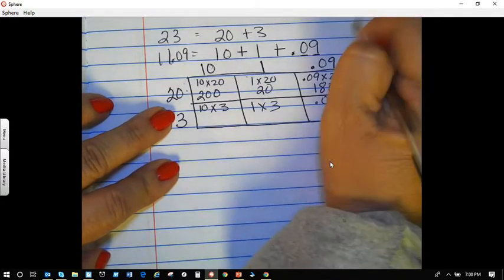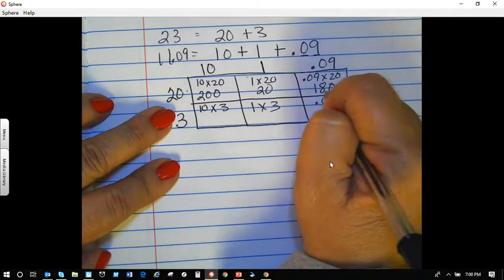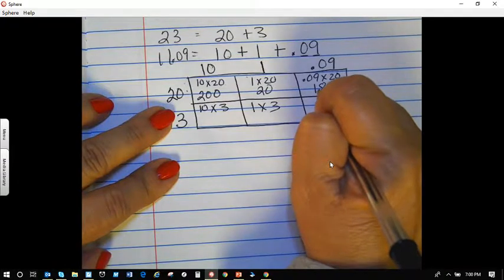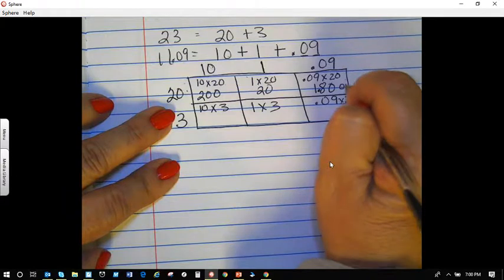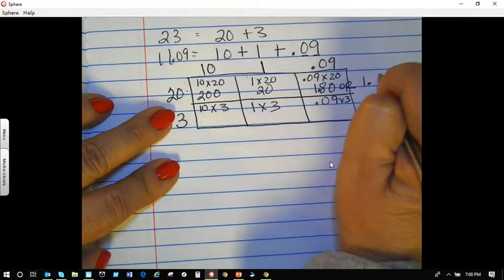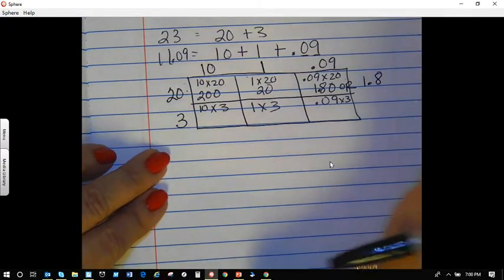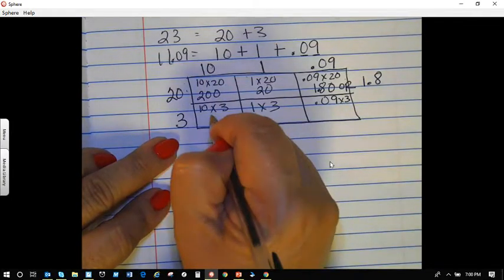So I know my answer is going to be in the hundreds, but I have 2 place values, so I'm going to move it over until my answer will be in the hundreds. So it's 1 and 80 hundredths, or another way of saying it, because I can drop the 0, 1 and 8 tenths. Same value, right? They're equivalent to each other. So I'll put it that way. They're equivalent. 10 times 3 is 30.